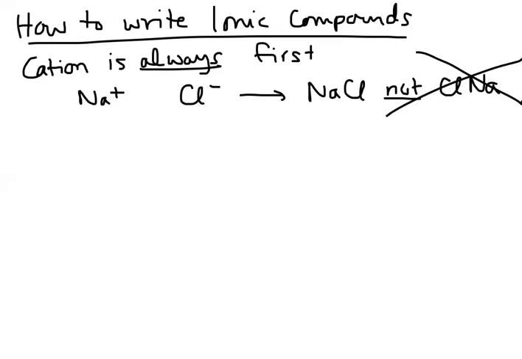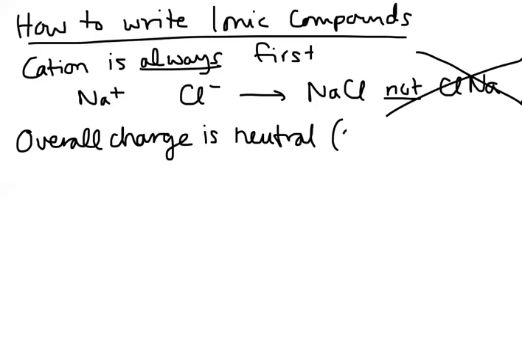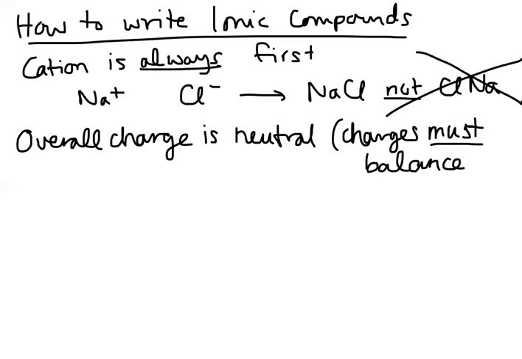And then the second rule is that the overall charge is neutral. In other words, charges must balance. So if you have, once again, I'm going to use Na and Cl. Na plus, the overall charge of that is +1. You'll see why I'm talking about overall charge in a couple seconds, but with Na plus, it's obvious that there's one Na and it's 1 plus.